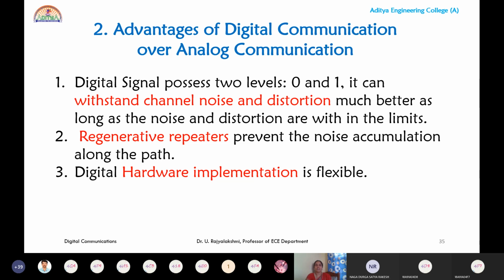These regenerative repeaters consider a threshold value and equalize the received signal, and try to match the received signal with the transmitted component. Next, the third point: implementation of hardware using the digital signal is flexible compared to the analog signal. These are the first three advantages.